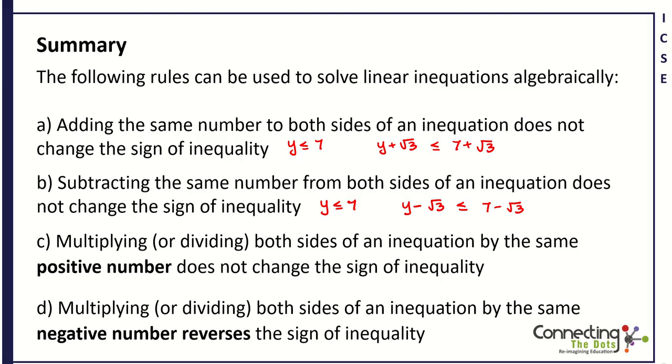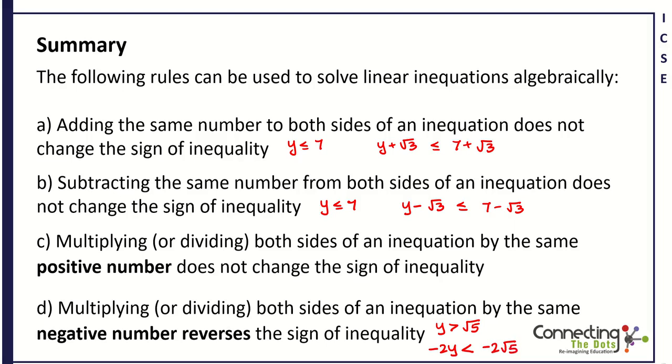The last condition is multiplying or dividing both sides of an inequation by the same negative number reverses the sign of inequality. What does that mean? Let's take another example. y is greater than root 5. If I multiply both sides by, let's say, negative 2, then the sign reverses.